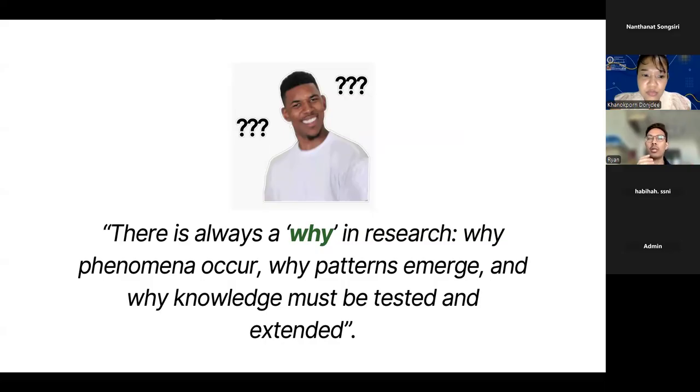There is always a why in your writing, even if you don't mention it explicitly. At least you mention implicitly what kind of phenomena, why the problem arises, why this pattern emerges, and why the knowledge must be solved, tested, expanded, created, and so on.